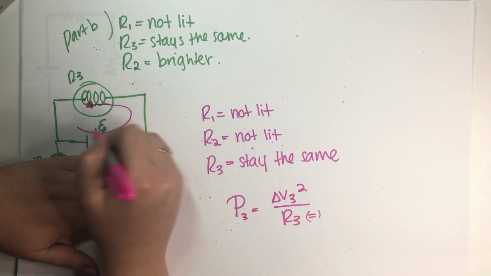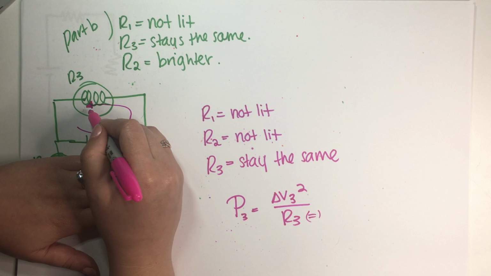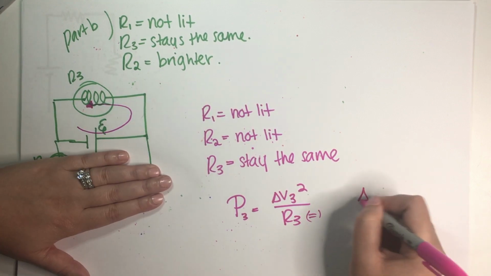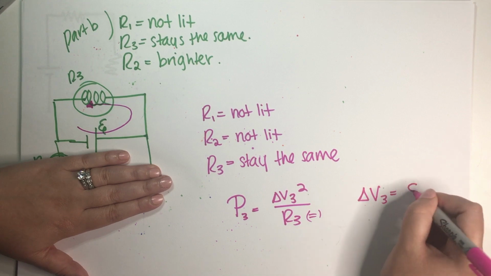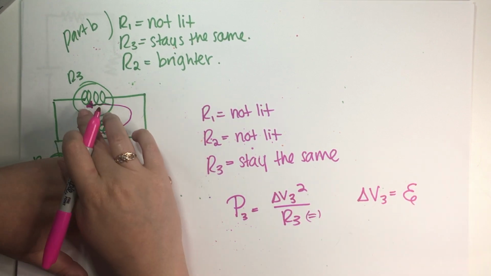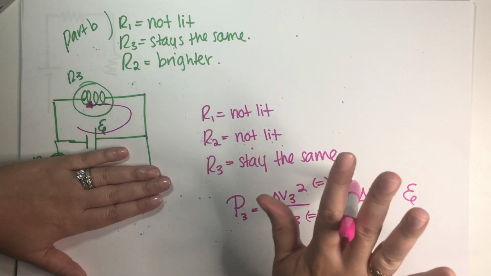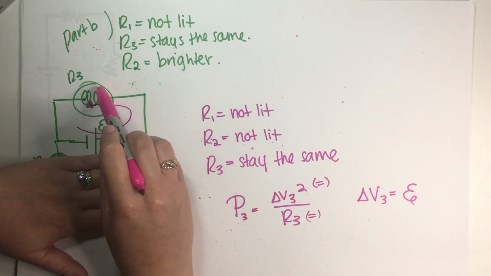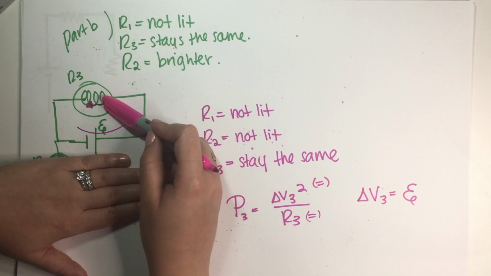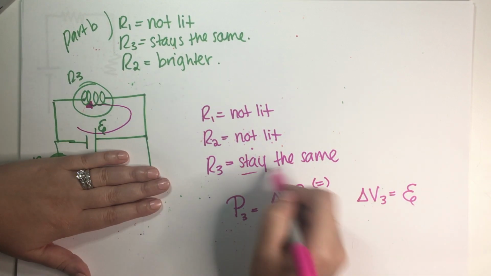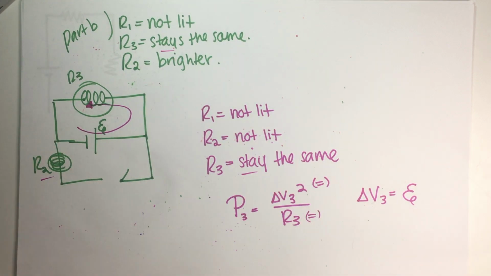And delta V, if I do a loop rule over here, is still just the value that the battery is supplying. So nothing is really changing for R3 if I didn't change the battery or this resistor. Nothing is changing in this branch, so R3 is just gonna stay the same.